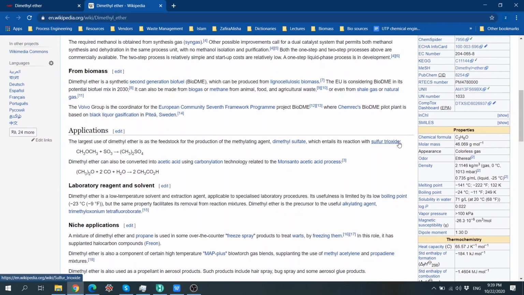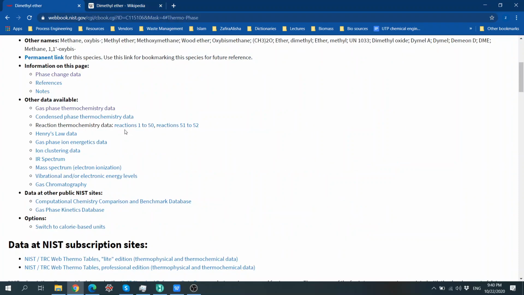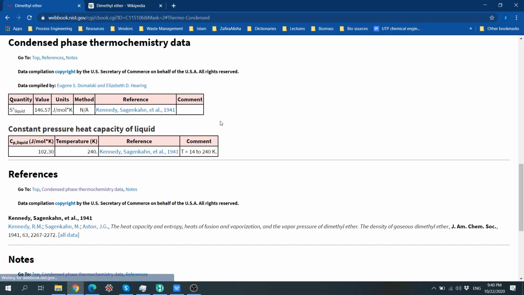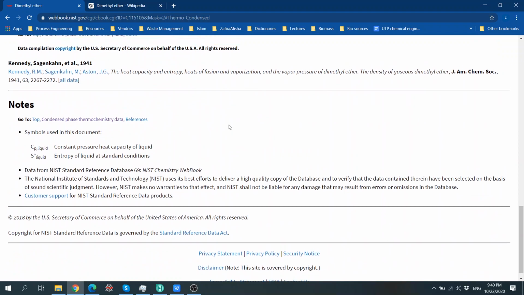For example, this is dimethyl ether, molar mass 46, and it has a density of, for example in here, about minus 25, 0 degrees C gas. We don't have the density of dimethyl ether at room temperature from Wikipedia, but I think we can have it here, condensed phase. Condensed phase, they don't have it as well.